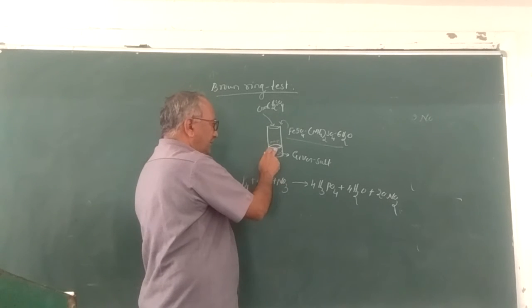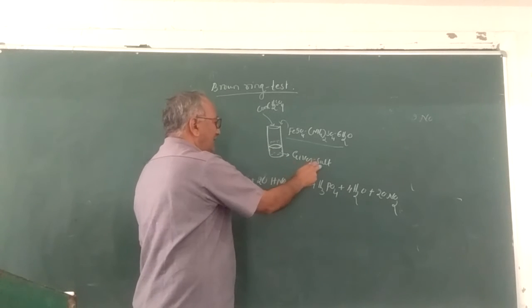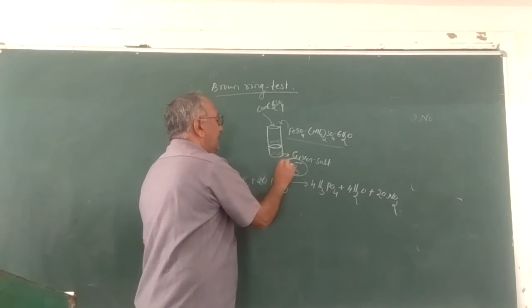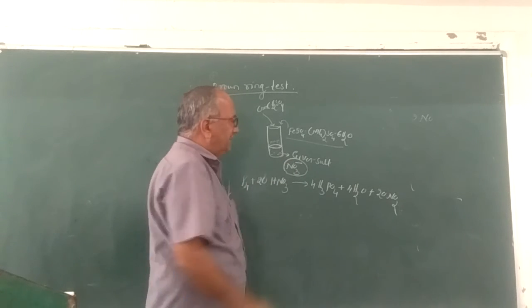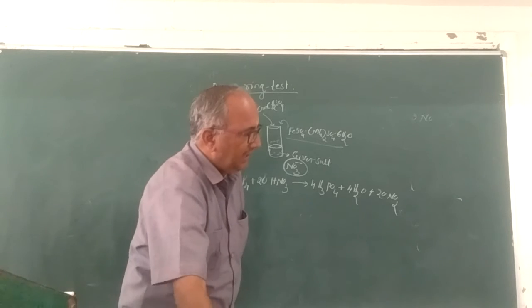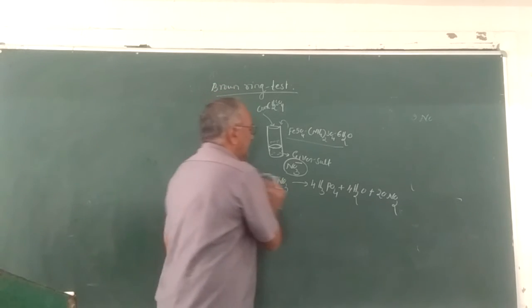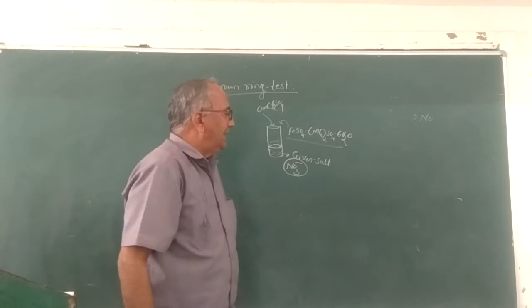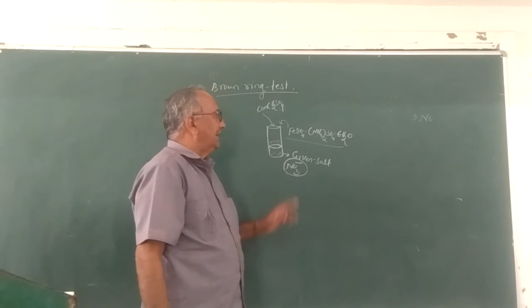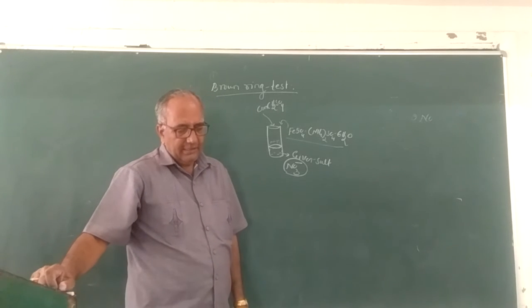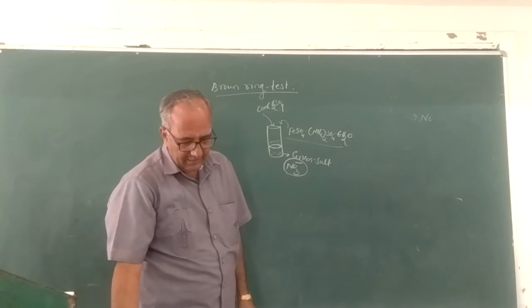If and only if there is a production of a brown ring, the given salt contains the nitrate radical. If there is no appearance of the brown ring, the given salt does not contain the nitrate radical. Therefore this test is called the brown ring test.